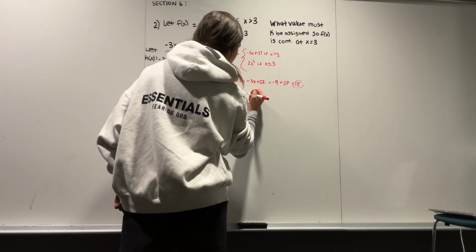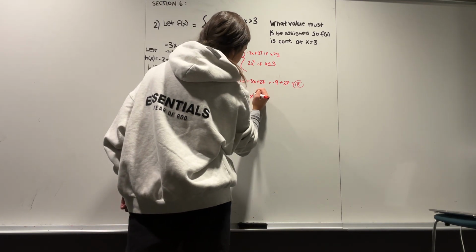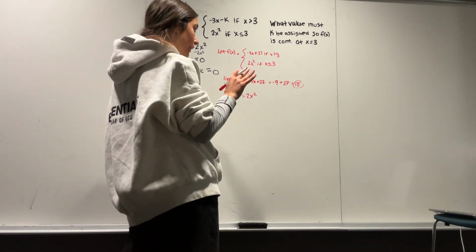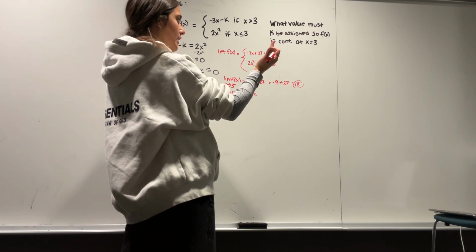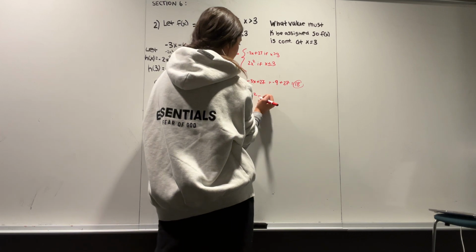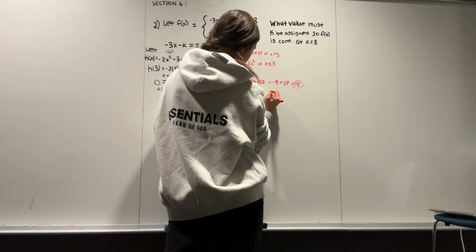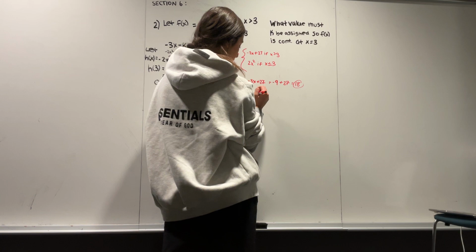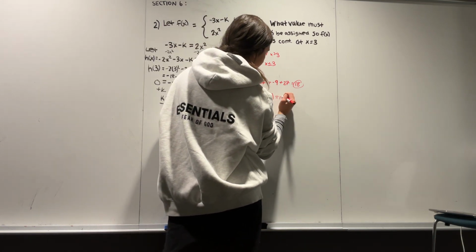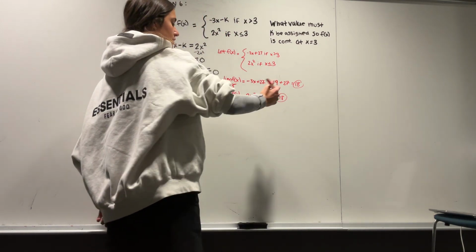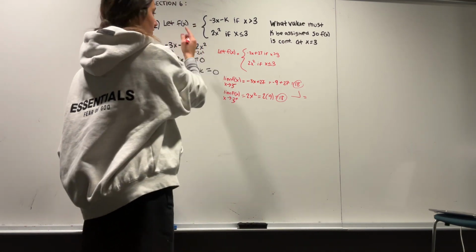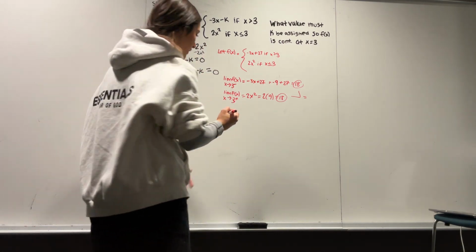So here you're gonna plug in the same thing, x squared, because what I meant to say is, if it's approaching from the right, x is gonna have to be less than 3, so then you're just gonna plug in 3, so 3 squared is 9, so 2 times 9 is also gonna be 18. So these two limits are equal, and then therefore we're gonna still have to find f of 3 and just show that they are equal.